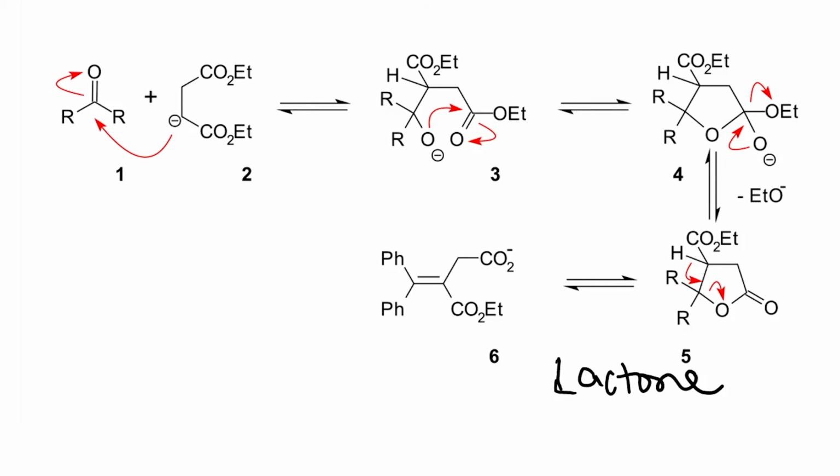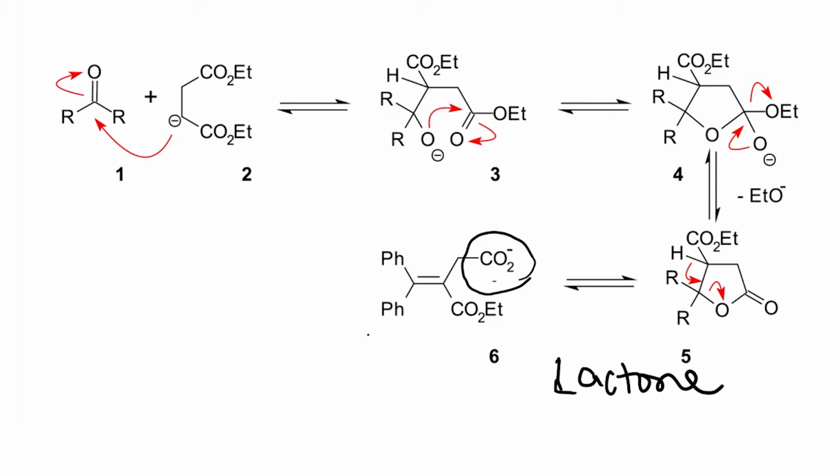This lactone being the intermediate here is important because that helps us understand why a carboxylate ion is actually formed. Now you can have the second rearrangement, where this undergoes an elimination reaction to form a carbon-carbon double bond. Along with it, there is a loss of carboxylate ion, COO minus, which is shown here.